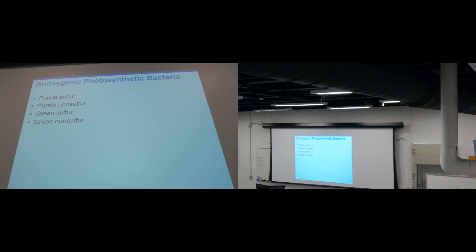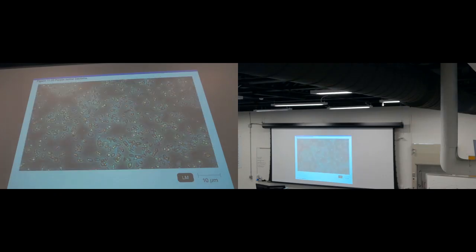So we already saw this classification of the bacteria that are anoxygenic photosynthetic. The oxygenic photosynthetic, remember, is cyanobacteria. So we have purple sulfur and green sulfur that use hydrogen sulfide as an electron donor, while purple non-sulfur and green non-sulfur use organic compounds as electron donors. And they don't produce oxygen.